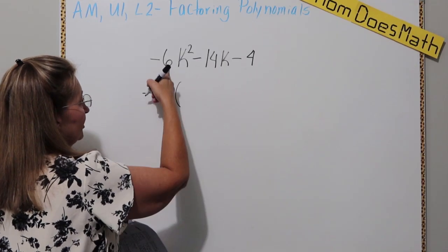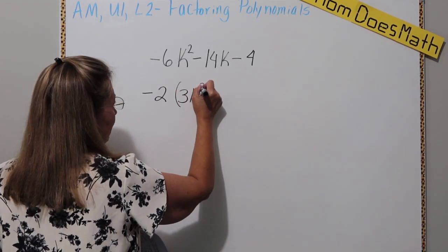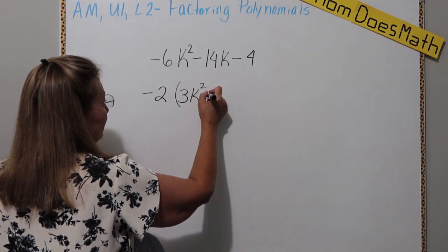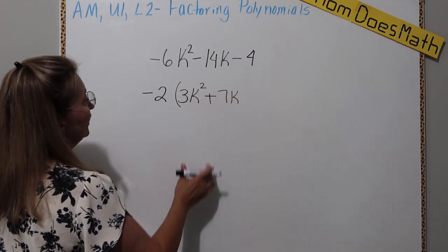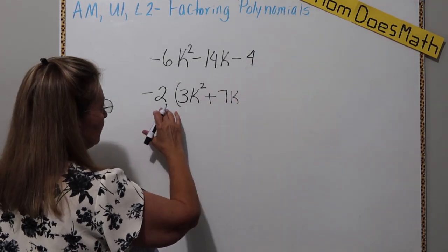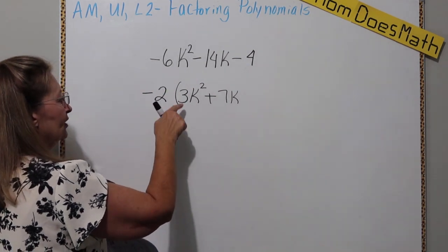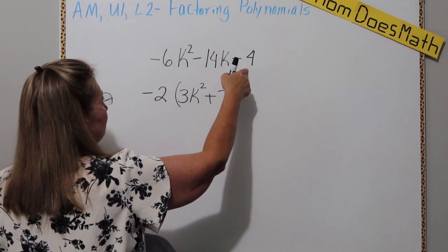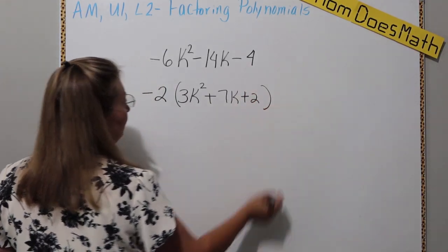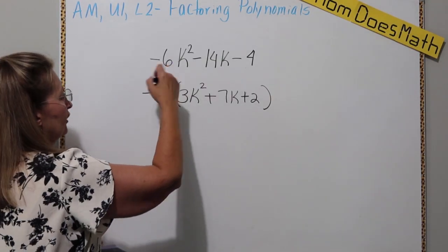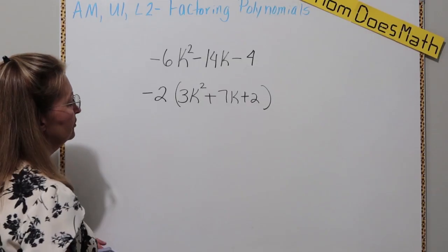So when I factor a negative 2 out of 6, I get 3k squared left. When I factor negative 2 out of this, I get positive 7k, which that's not important. I mean, it's going to be nice, but the main thing is to get the negative away from your leading term. And then negative 2 into negative 4 would give me positive 2. Okay, and you can check it. If you redistribute that negative 2 times all 3 of these, you'll get your original.